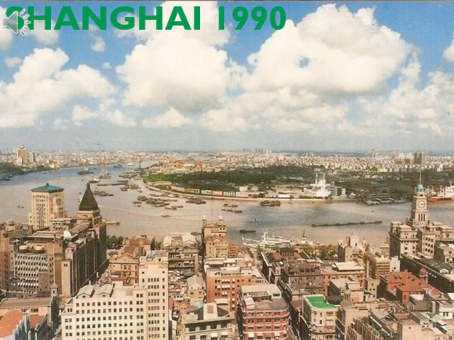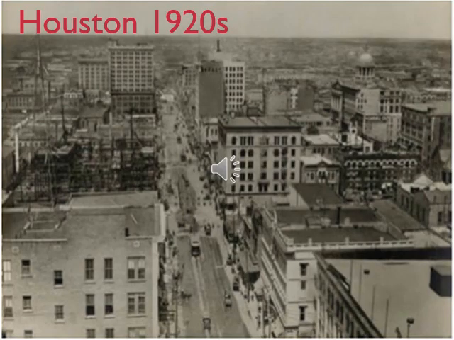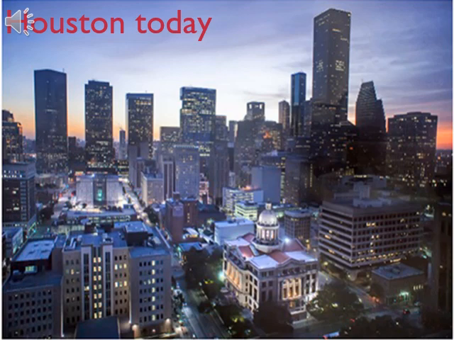Shanghai, 1990, versus Shanghai today in 2022. And lastly, a look at Houston, Texas in the 1920s, compared against a view of Houston, Texas today, a modern, industrialized, Americanized city.